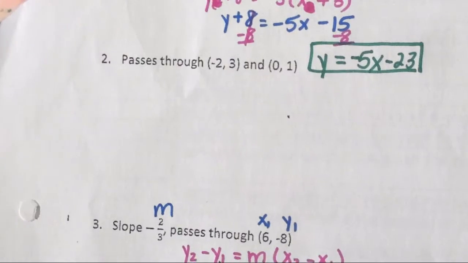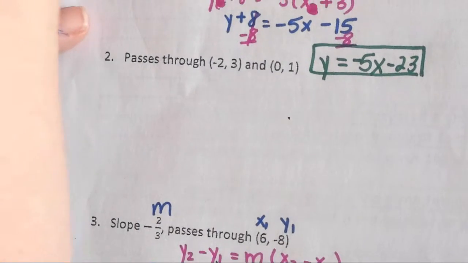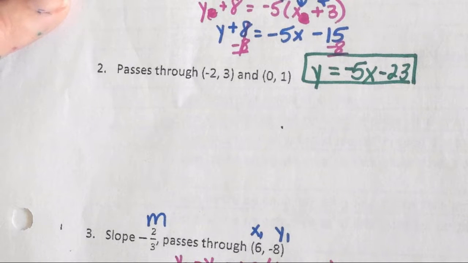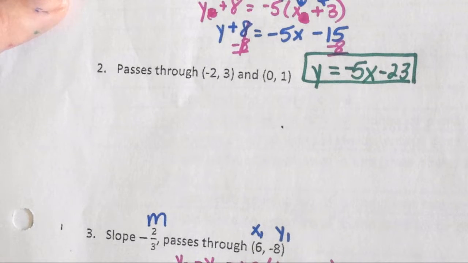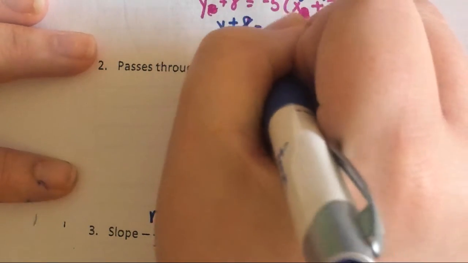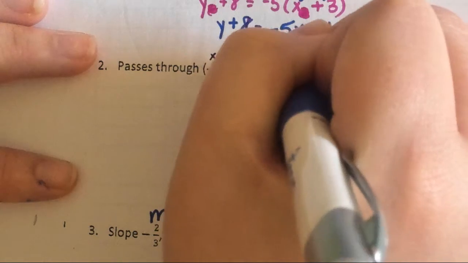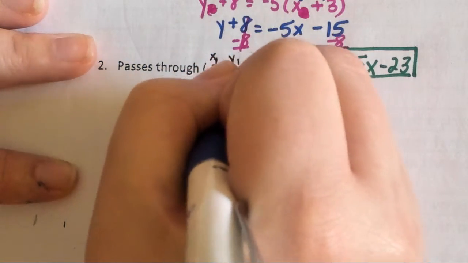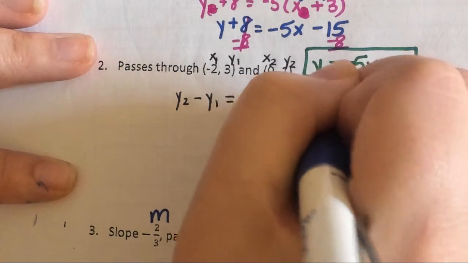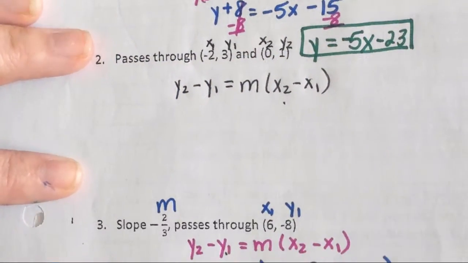Okay, so number 2. We're given 2 points. Do we know the slope? No. We'll come back to how normal people would do it in just a second. But since today was all about point slope, I do want to prove a point to you that if you want to be complicated and you want to be extra, you can be. I'm going to make life complicated.